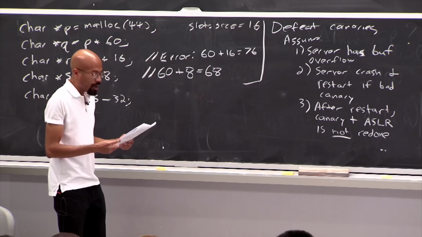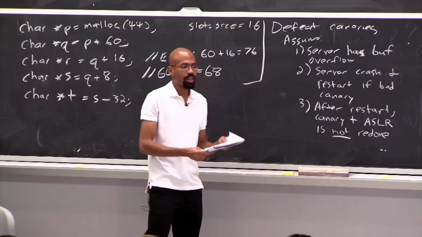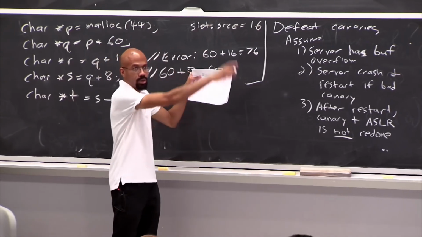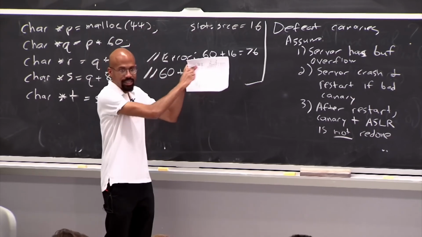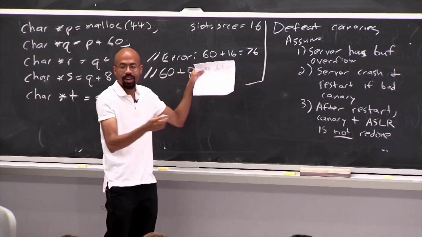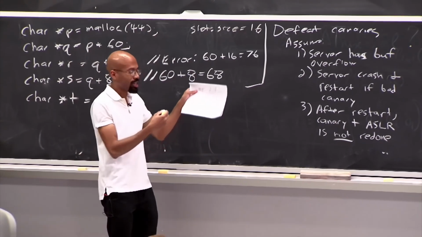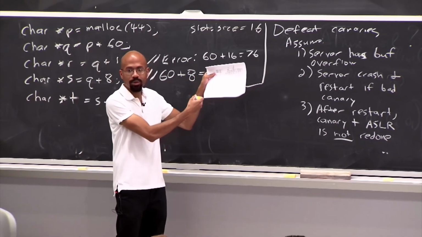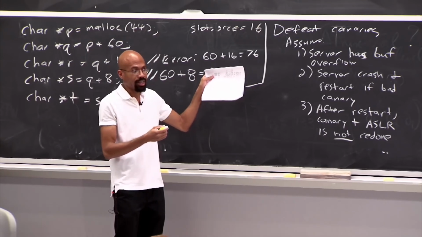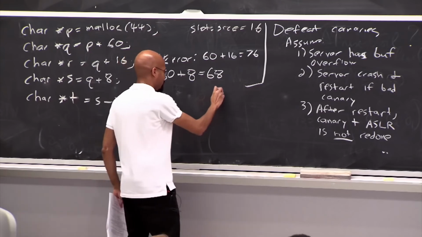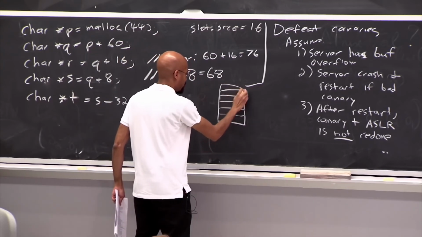So how can we defeat the canary? Well, the attack is actually fairly straightforward. So imagine that the stack is going up this way. Imagine you've got the buffer overflow here, and then imagine that the canary is up here. And the canary actually has multiple bytes. So what you can actually do is you can probe those bytes one by one and start guessing values for what those bytes are. So let's say the canary looks like this.